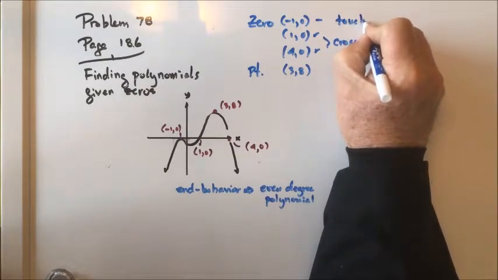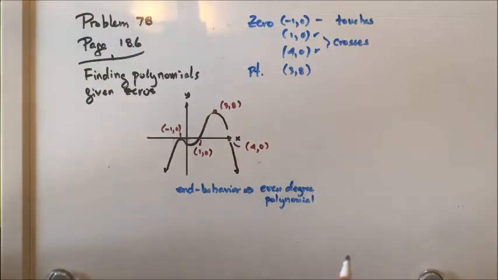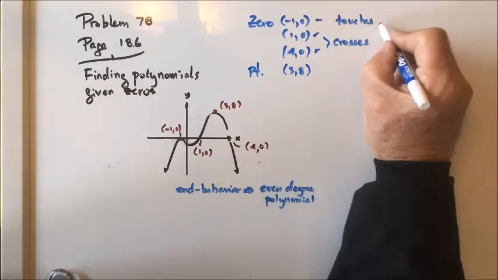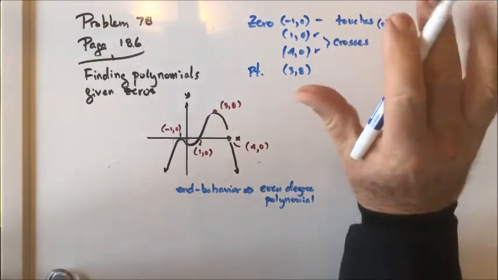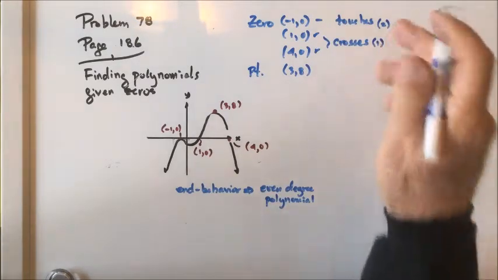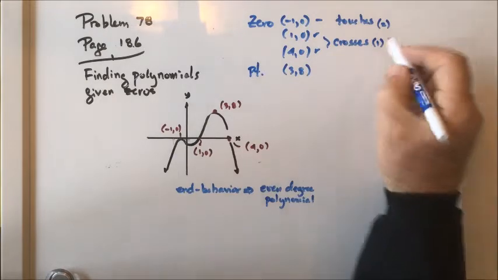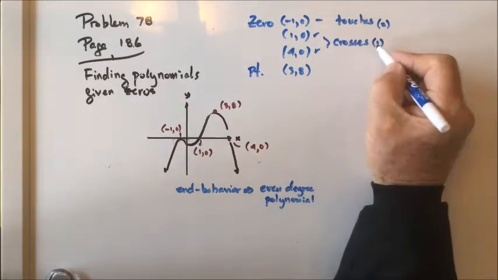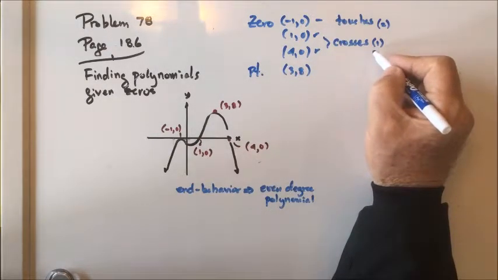And we know that whether it touches or crosses is associated with the multiplicity of that zero. In this case, this will have multiplicity 2. The lowest multiplicity 2 could be, 4 could be, 6. This will have multiplicity 1, 1, 3, 5. But if we're going to get the lowest degree, then let's assume that the multiplicity is 1.